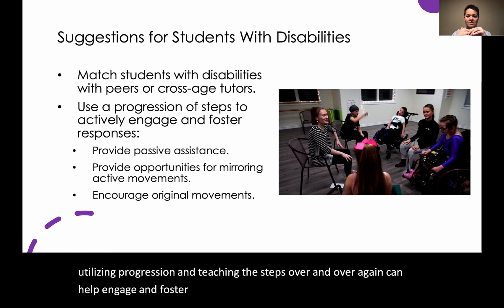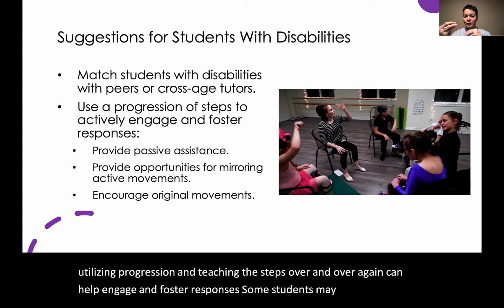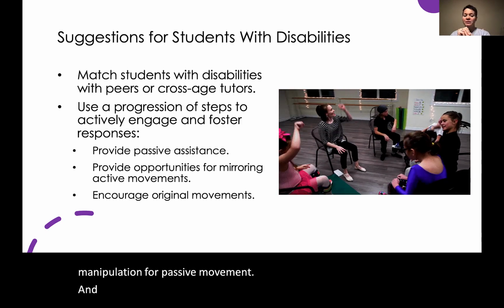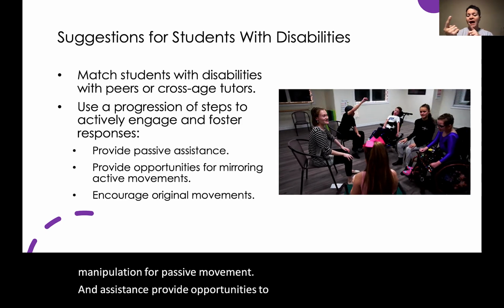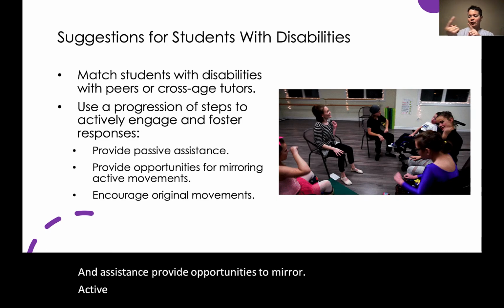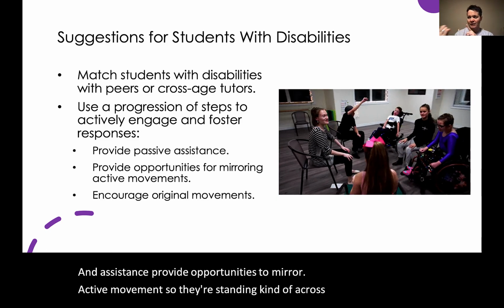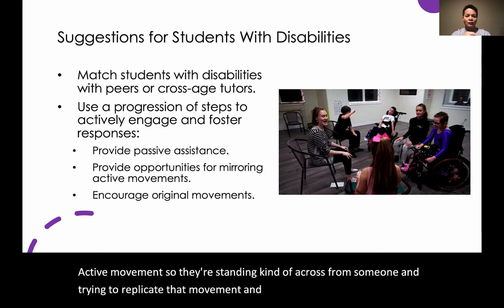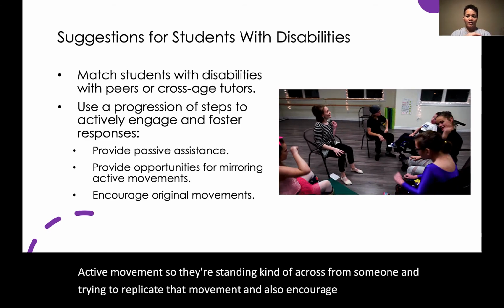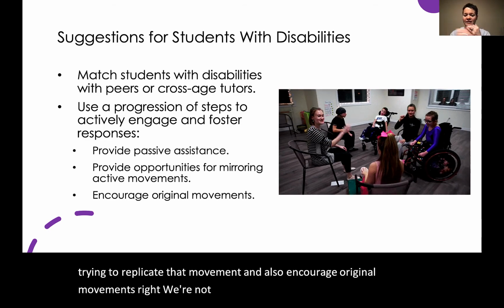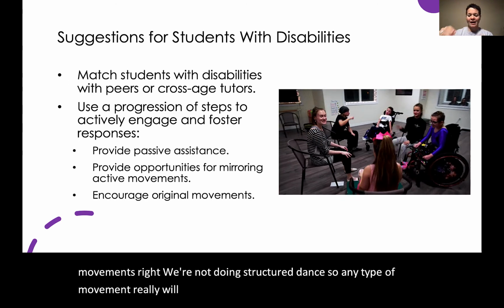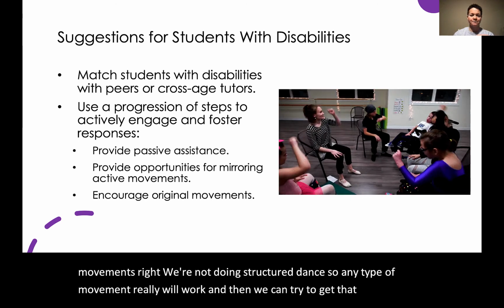Some students may need physical manipulation for passive movement and assistance. Provide opportunities to mirror active movement, standing across from someone and replicating that movement. Also encourage original movements. We're not doing structured dance, so any type of movement will work, and then we can try to get those movements to the beat.